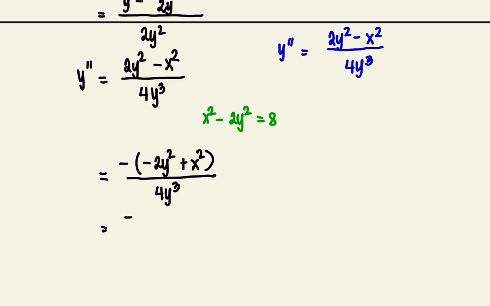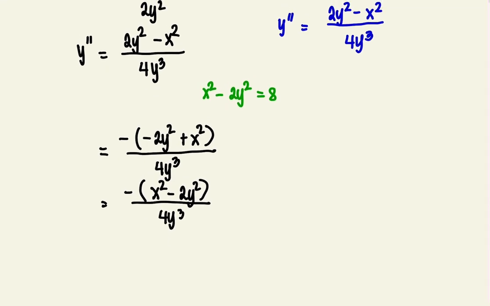Or rearranging that, that would be the negative of x squared minus 2y squared all over 4y cubed. And x squared minus 2y squared equals 8. So that would give us negative 8 over 4y cubed. And in simplifying, y double prime therefore is equal to negative 2 over y cubed. So that is the second derivative of our given x squared minus 2y squared equals 8.